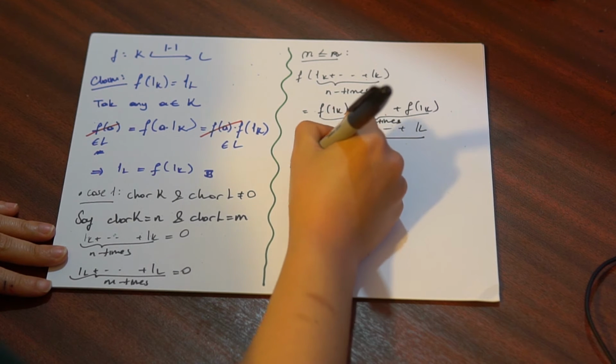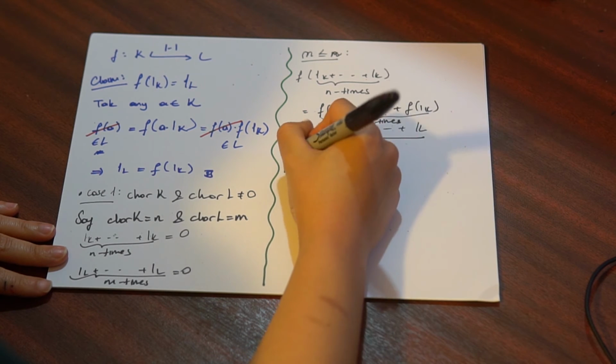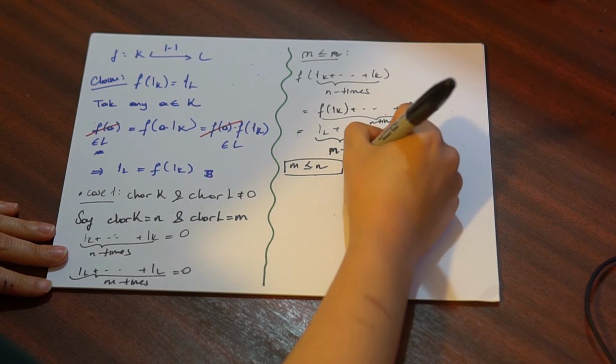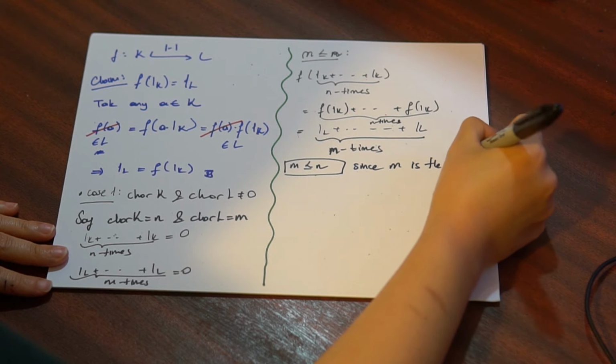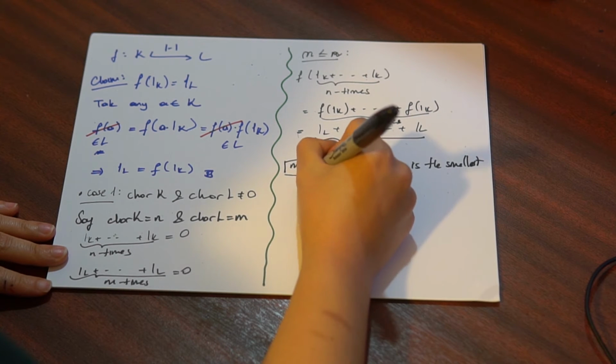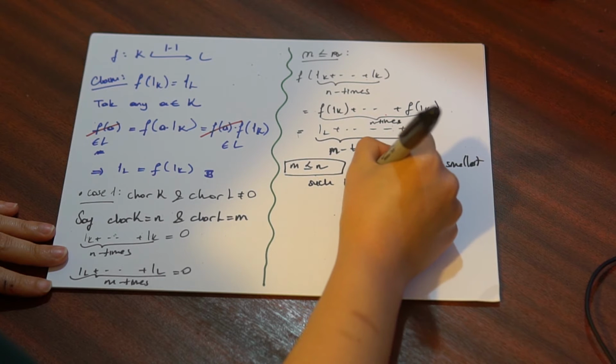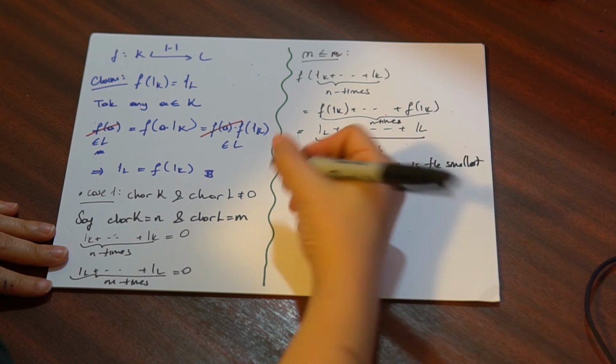So we can say that m is less than or equal to n, since m is the smallest such integer.